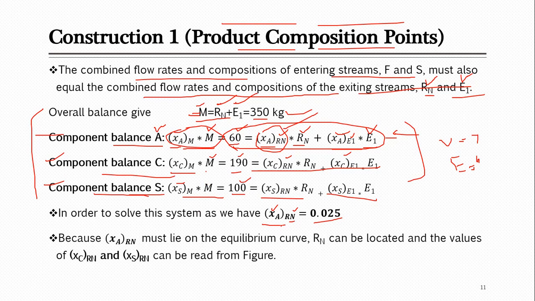With this xARN, what is this? This is the mass fraction of one component A, living in the raffinate. From the last lecture you remember that from the plait point, one side of the binodal curve is the raffinate and the other side is the extract.